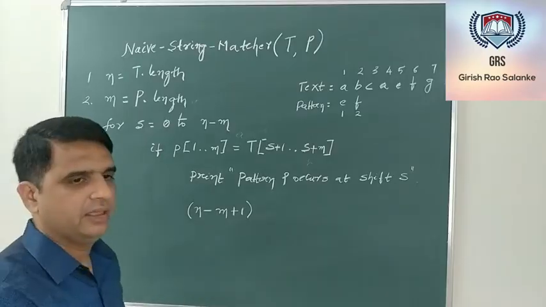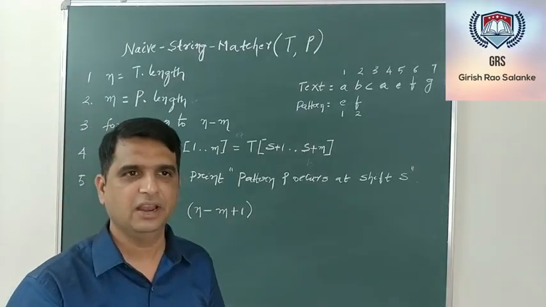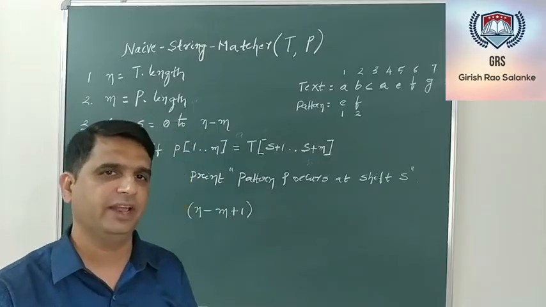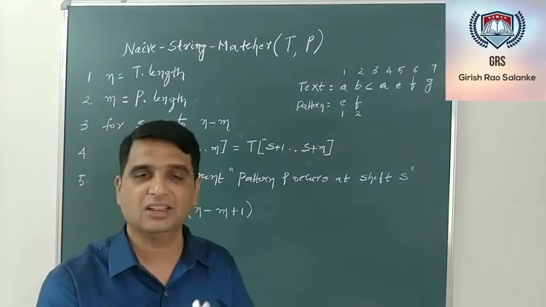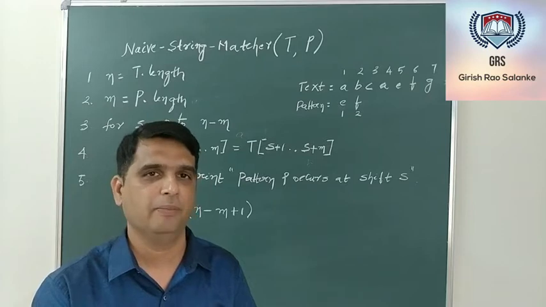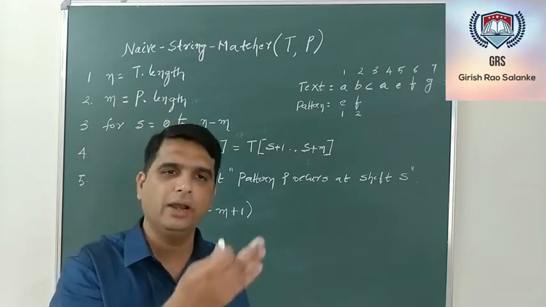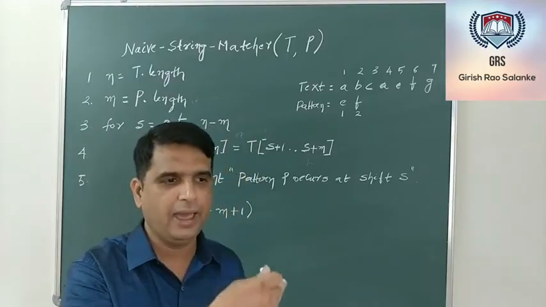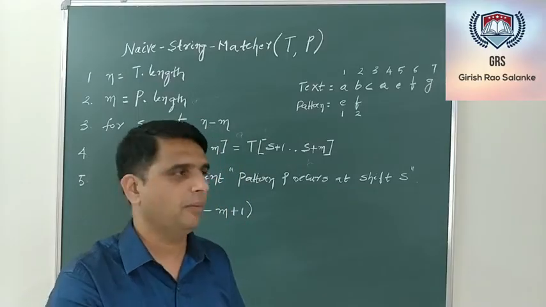In each iteration I may do only one comparison. If a character in the text does not match the first character of my pattern, I do only one comparison and then a shift. But in the worst case, I may do m comparisons.